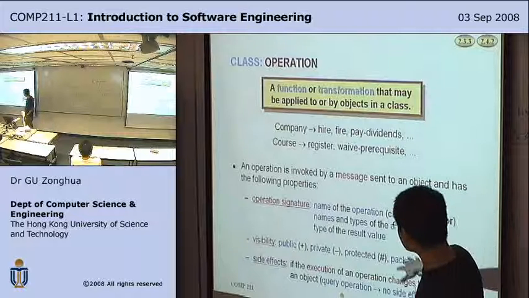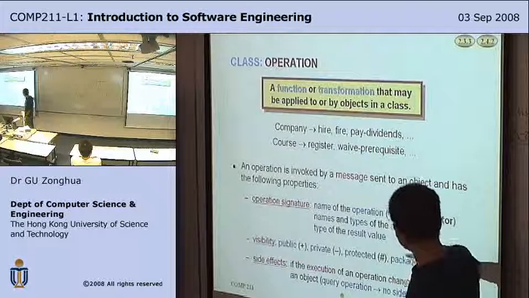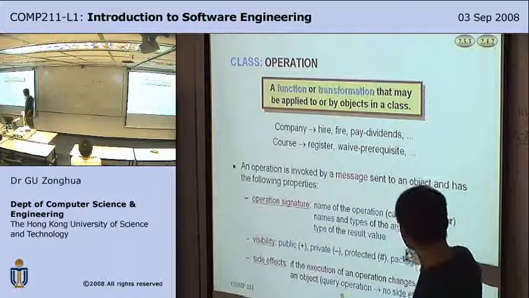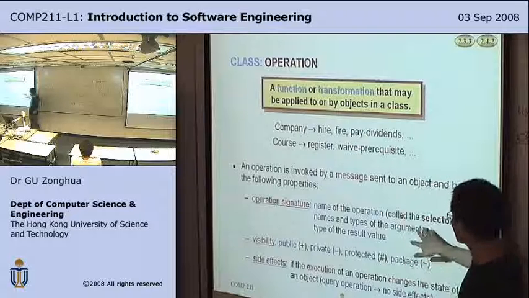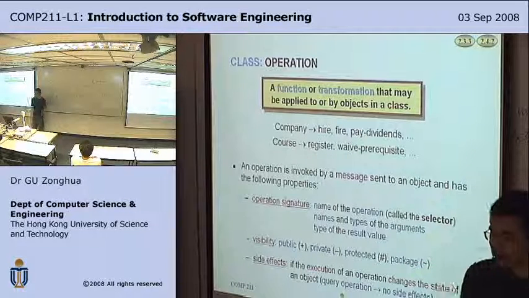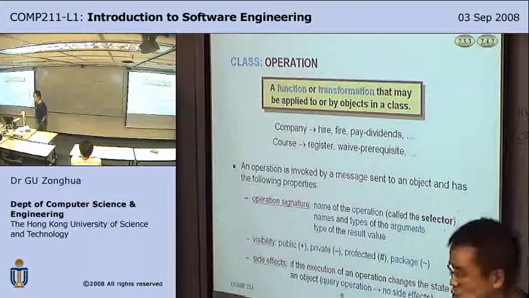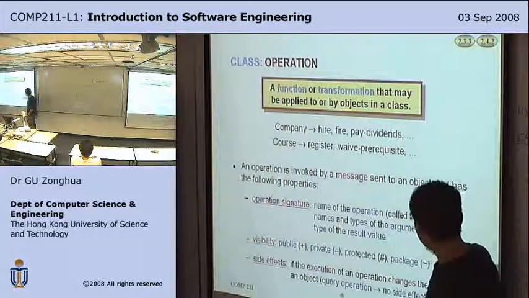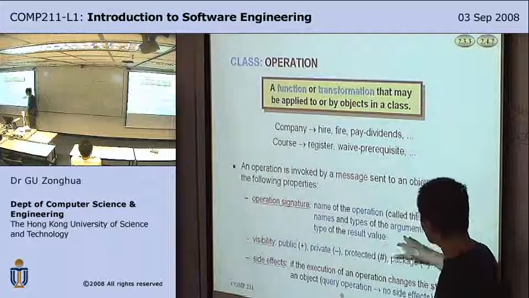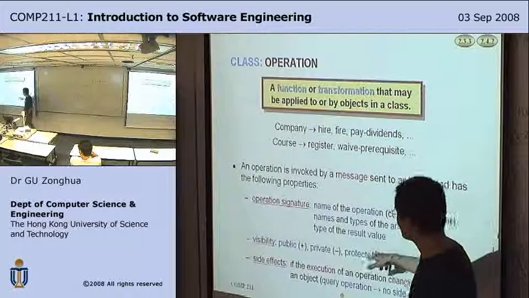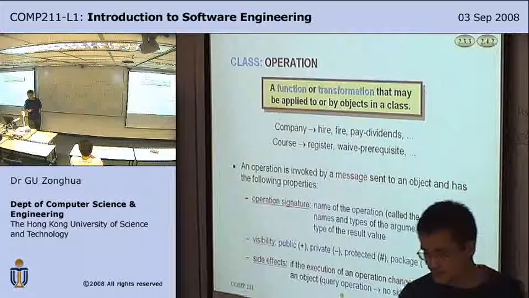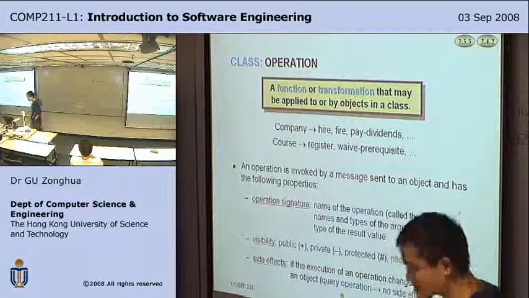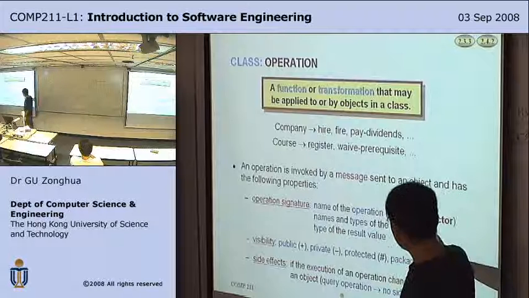So operation signature, that is the name of the operation, also called the selector in the old jargon. So it selects among multiple operations on the same object. Names and types of arguments and type of the result value. So that's the operation signature.